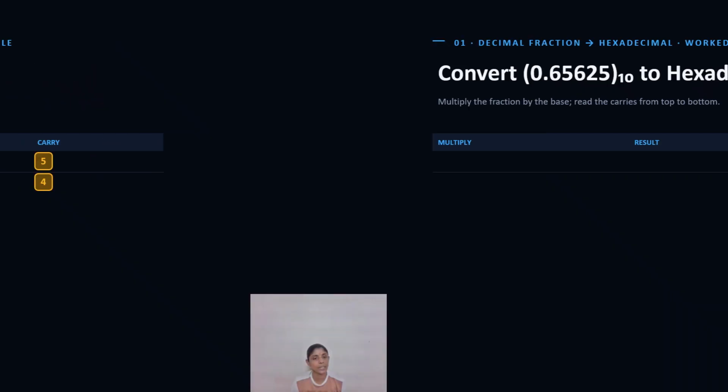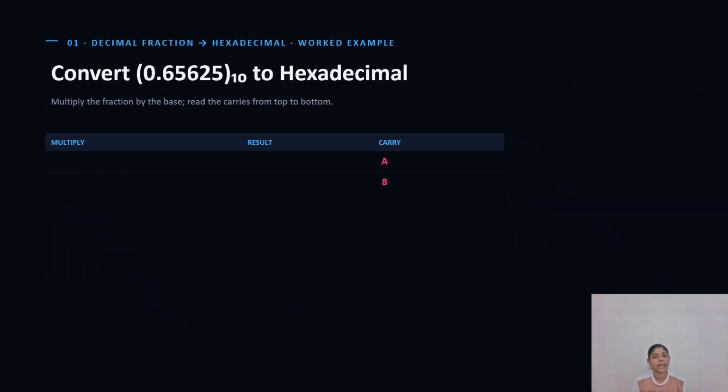The third one is again decimal to hexadecimal. This decimal fraction again should be multiplied by the destination's base, which is 16. So 0.65625 into 16, the value is 10.5. In the integer or carry part, you have the value 10.